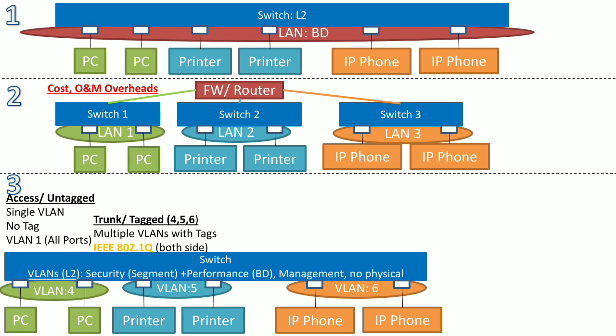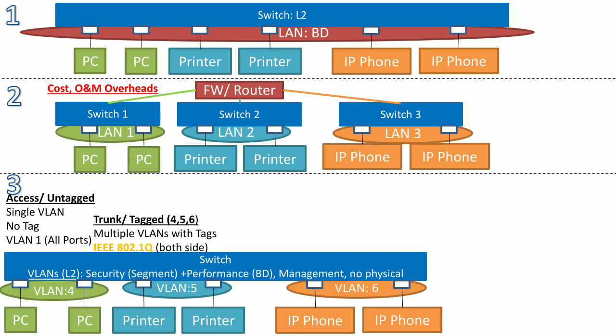Now the tagged port is the inverse of the access port, since in access ports we only expect the traffic from a single VLAN, but in trunk mode ports we expect the traffic from multiple VLANs. So any port can be configured as a trunk port or as an access port.